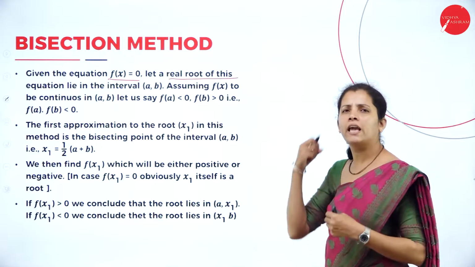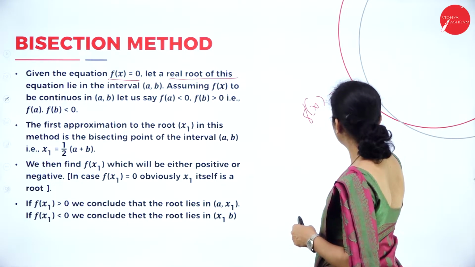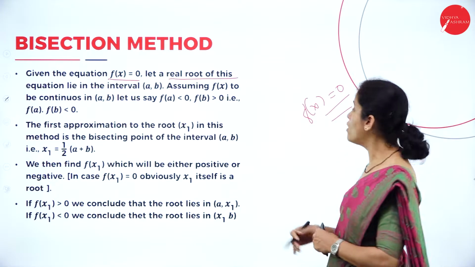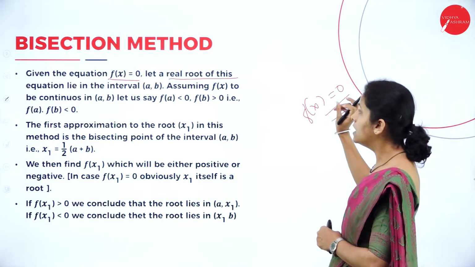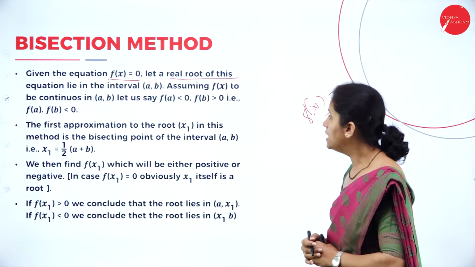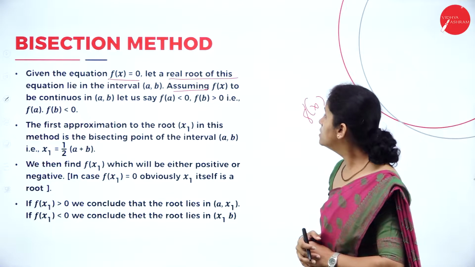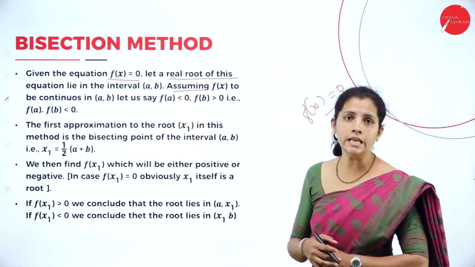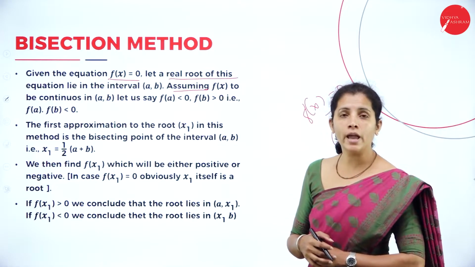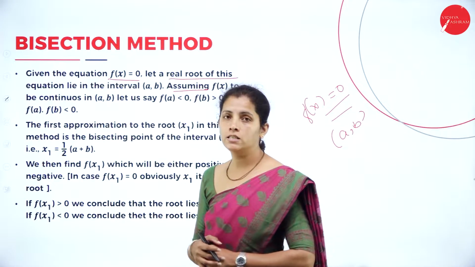That means the real root for this equation lies between a and b. Assuming that f(x) is continuous in (a, b), let us say f(a) < 0 and f(b) > 0.